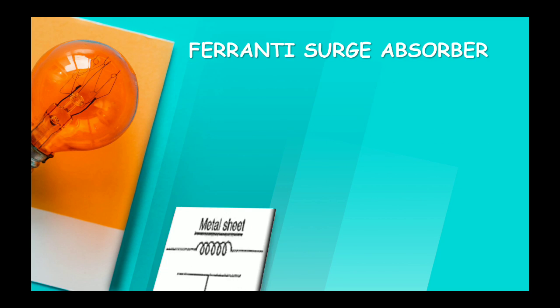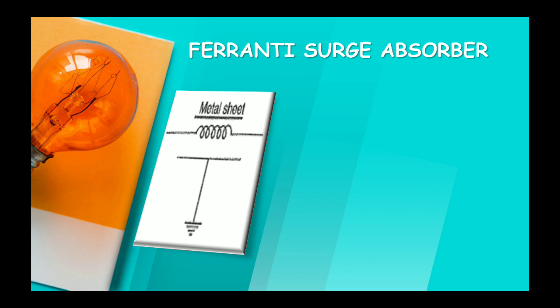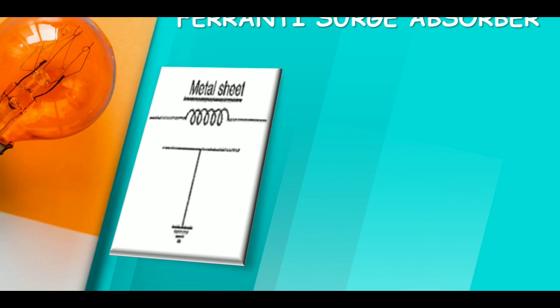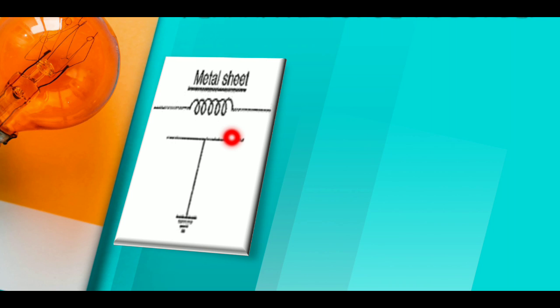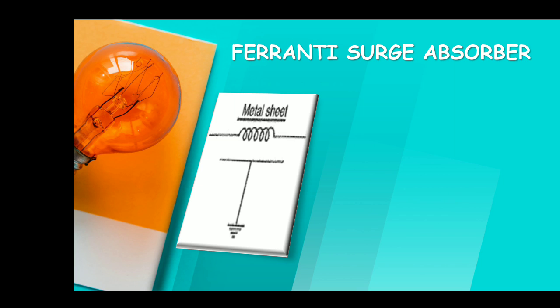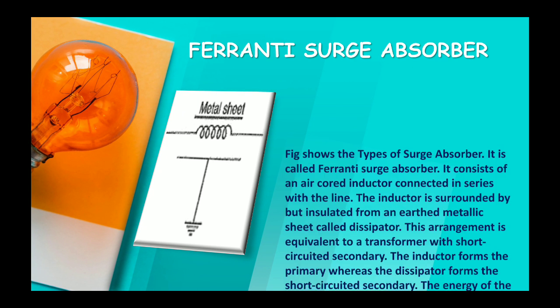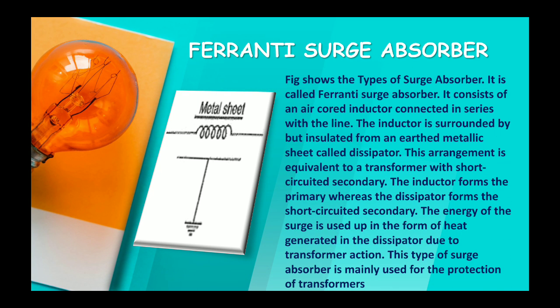Now the next one is the Ferranti surge absorber. Here you can see the Ferranti surge absorber. That is a metal sheet. It is just like a transformer, and there is a core, and this is a coil or inductor, and it is earthed. This figure shows the type of surge absorber called the Ferranti surge absorber.